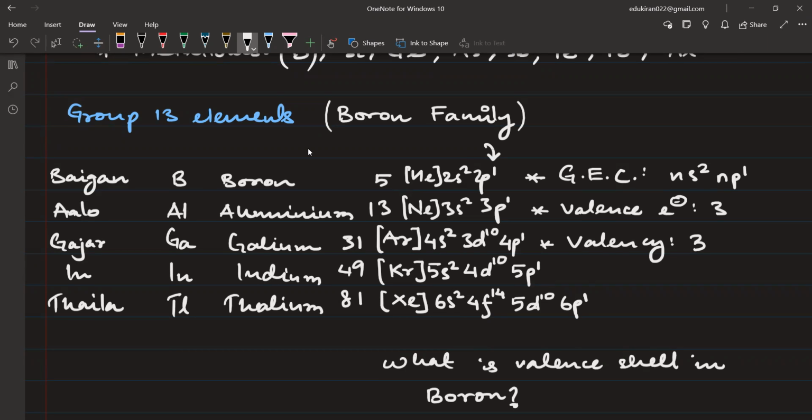And what about this electron? Which shell? First shell. What is the meaning of that 2 then? Sorry, the second shell. So how many electrons are there in the second shell? 3 electrons. So what will be the valence electron? 3. Valency will be? Right. Got it? Okay.